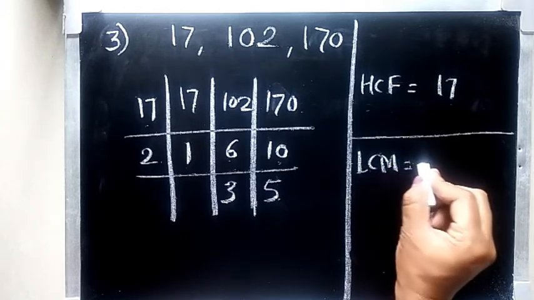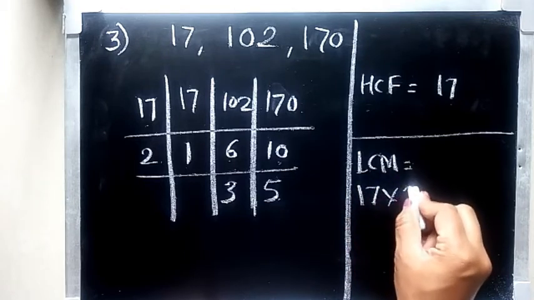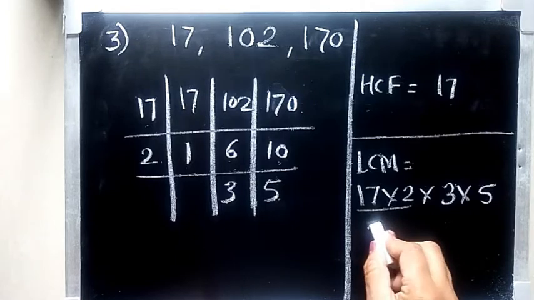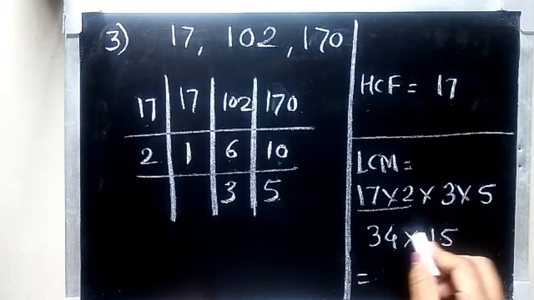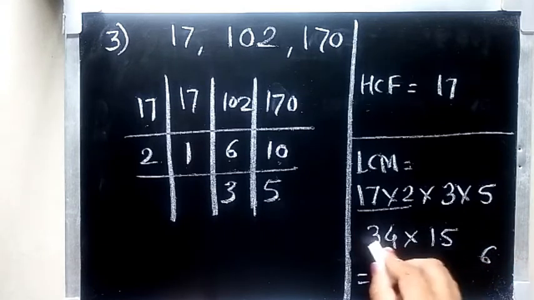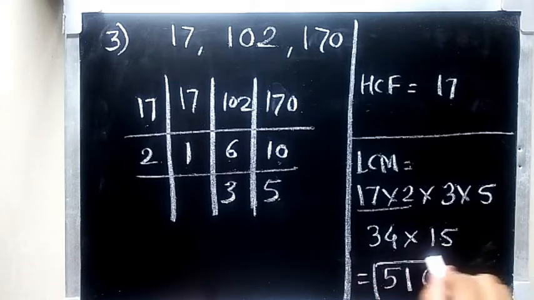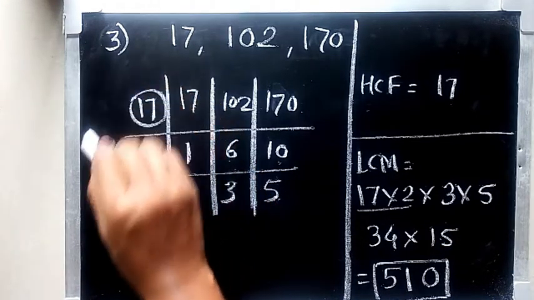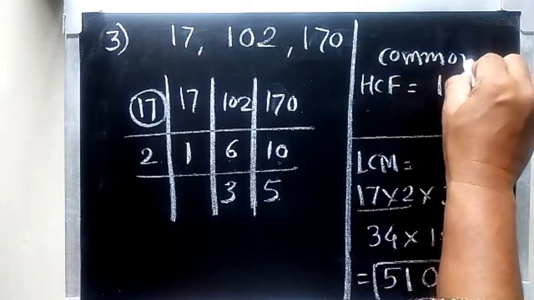LCM is equal to 17 into 2 into 3 into 5. 17 2s are 34. 3 5s are 15. 15 4s are 60. 15 3s are 45. 45 plus 6 is 51. LCM is 510.